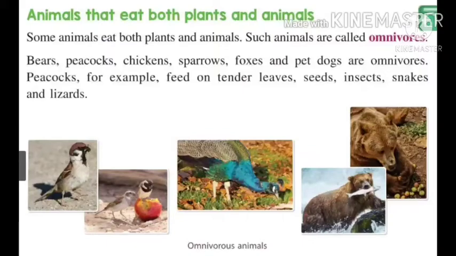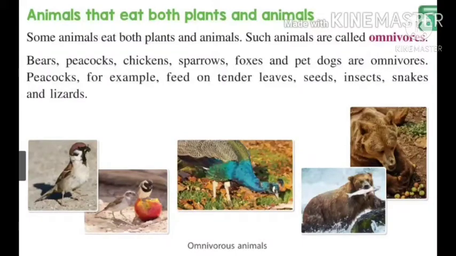Before also we came to know that the animals who eat both plants and the flesh of other animals are known as omnivores. Bears, peacocks, chickens, sparrows, fox and pet dogs are omnivores. Peacocks, for example, feed on tender leaves, seeds, insects, snakes and lizards.